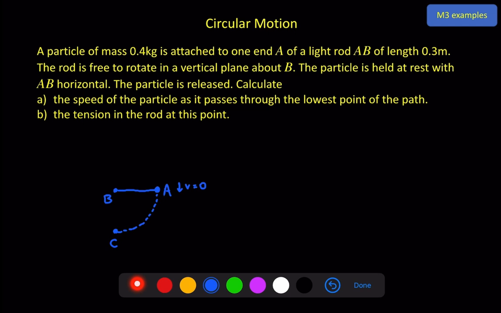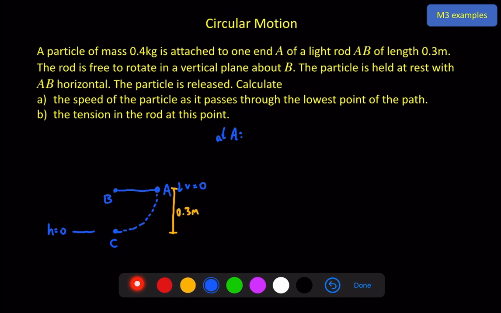Going straight into our energy point of view, I'm going to say at A, using this level as h equals 0, then the height at A is just the radius of the circle, i.e. the length of the rod. So this is 0.3 meters.